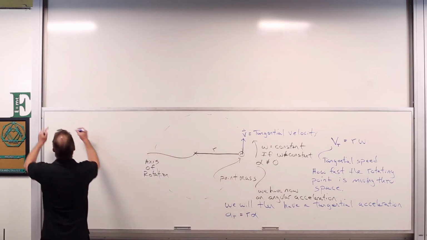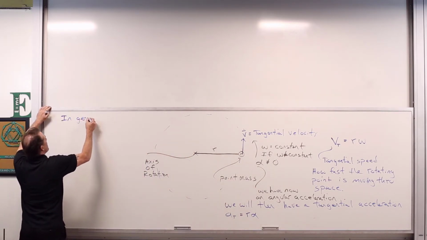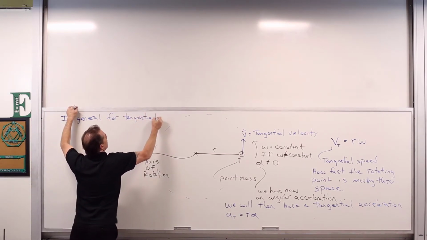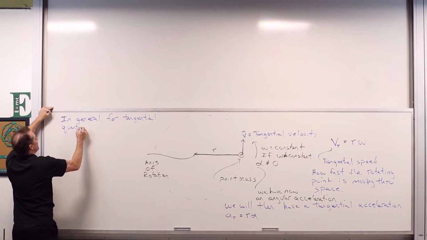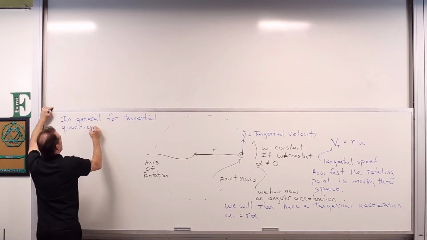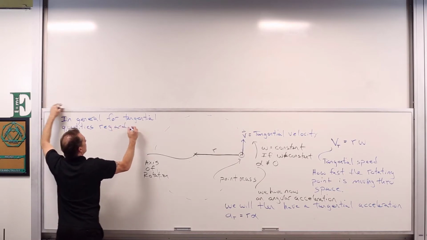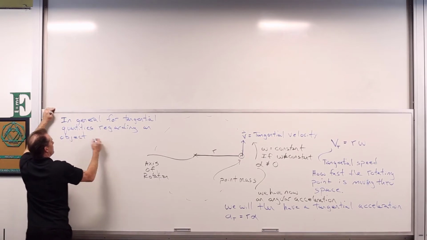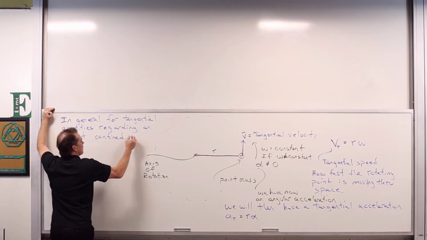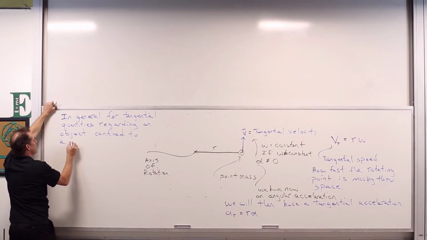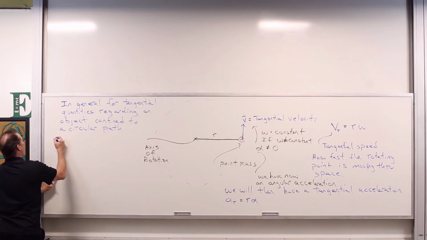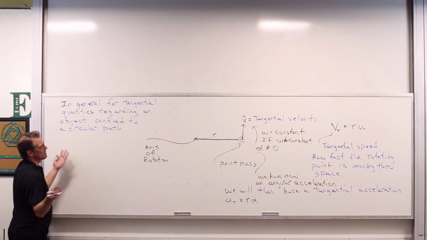So just in general, for tangential quantities regarding an object confined to a circular path, we have that, well, S is equal to r theta.